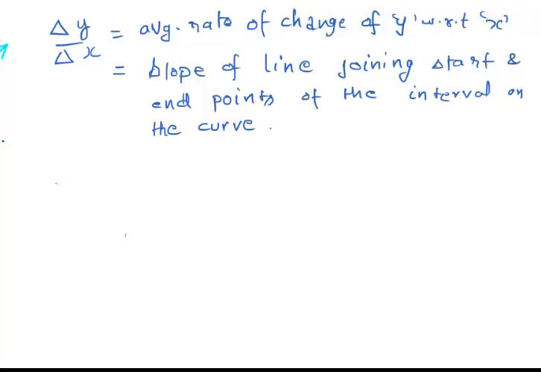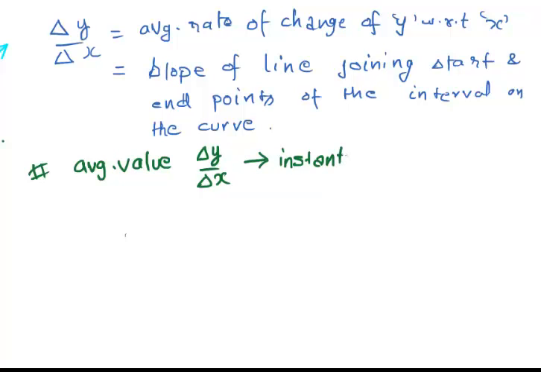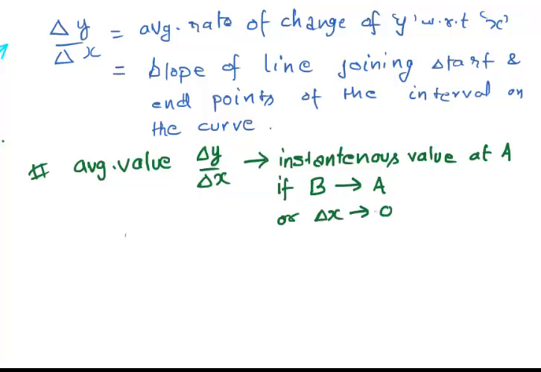The first point to remember is the average value delta y by delta x will tend to the instantaneous value at A if B approaches point A, or delta x tends to 0.